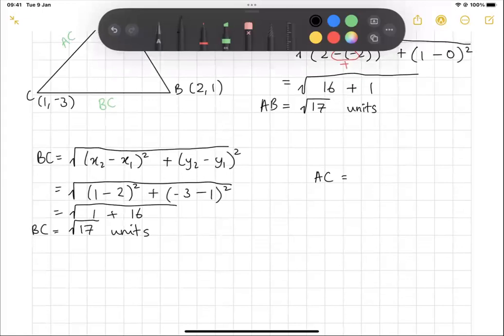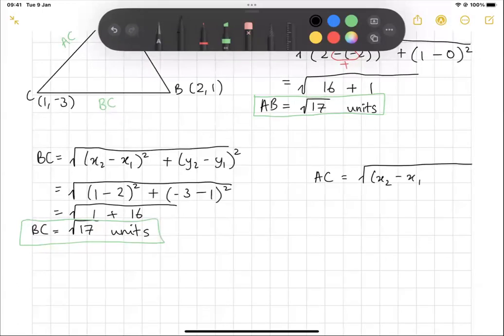Okay, AC, I'll just do it on this side, just to make it easier. This is my answer. Right. x2 minus x1 whole squared plus y2 minus y1 whole squared. All right, let's do it.